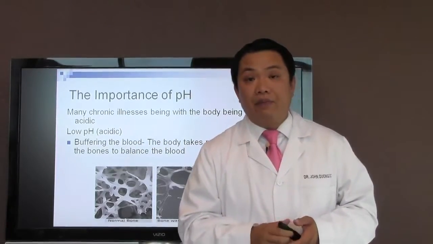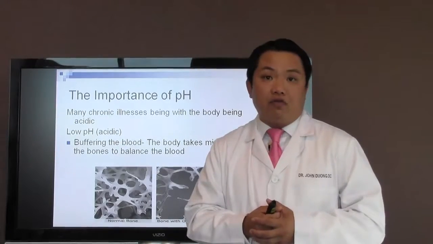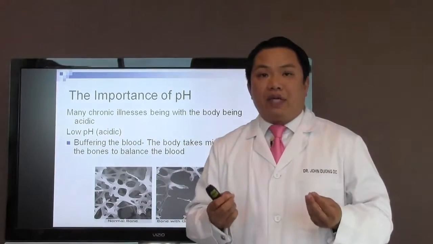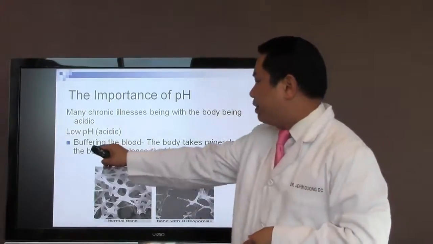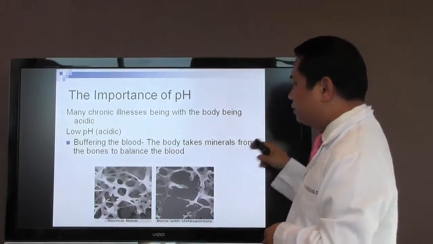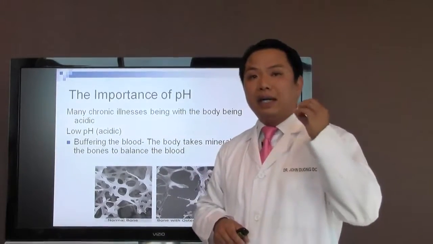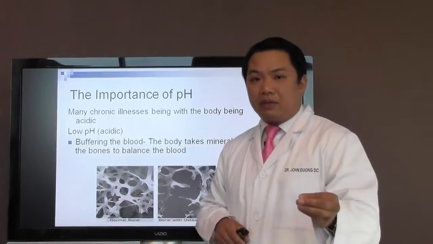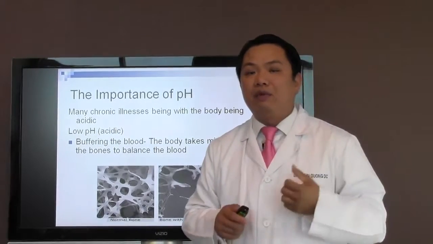It's coming from the bones. That's why osteoporosis is something we have to watch out for, because when our pH is acidic, it takes more minerals from the bone, and then we have a problem. So buffering the blood, the body will take minerals from the bones to balance the blood, because the body is smart. It will take minerals from the necessary sources so that it can keep your body alive.